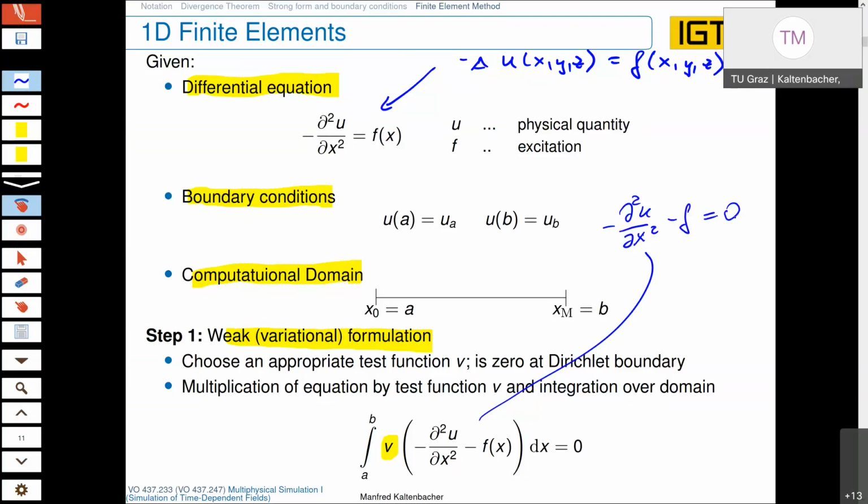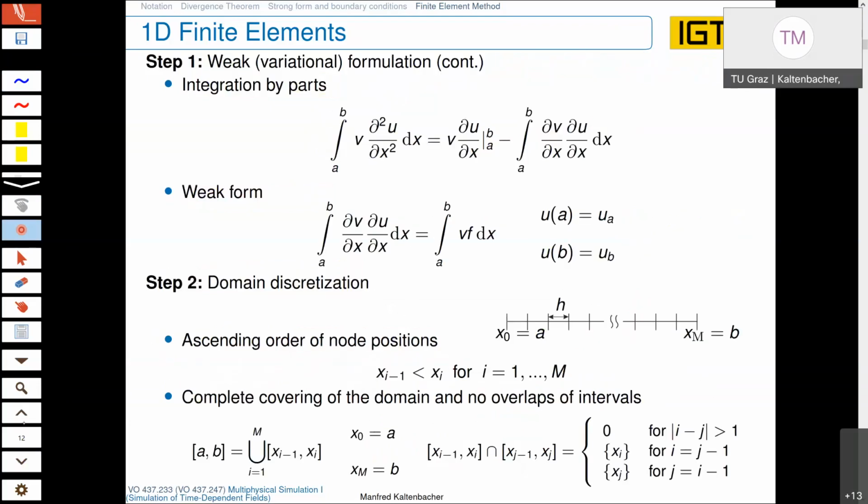So you see, the starting point is that we multiply our equation with a test function and integrate over the computational domain. Now, what we'd like to relax a little bit is that we have here a second order spatial derivative, which would mean, for example, if we use a linear approximation for u, that this would give us 0, because it's a second spatial derivative.